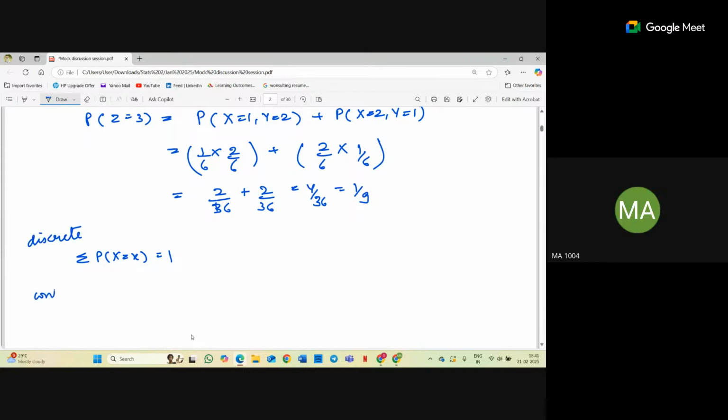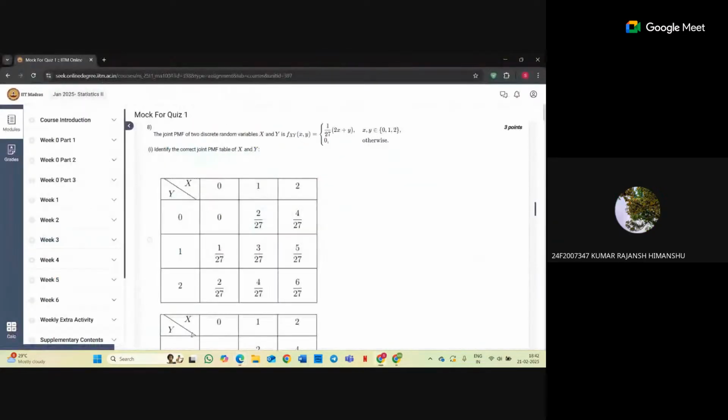When it's continuous, then in place of summation we have integration. So if we integrate the PDF from minus infinity to infinity, it would be equal to 1. Got my point? Yes, ma'am.